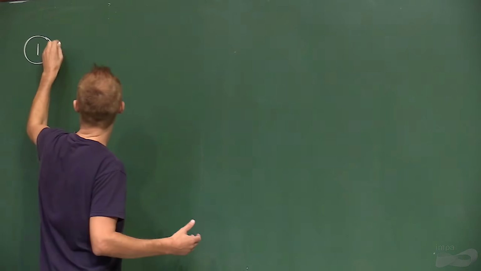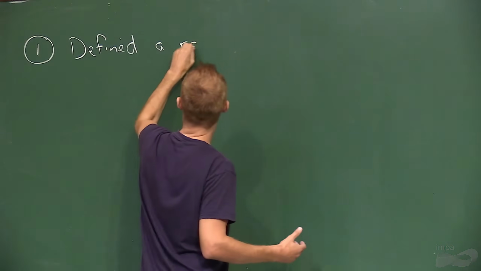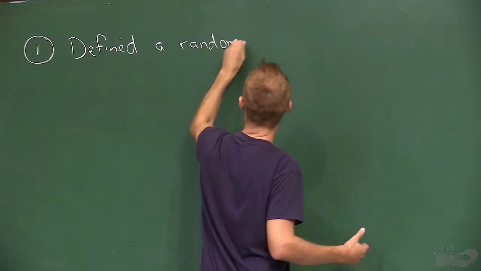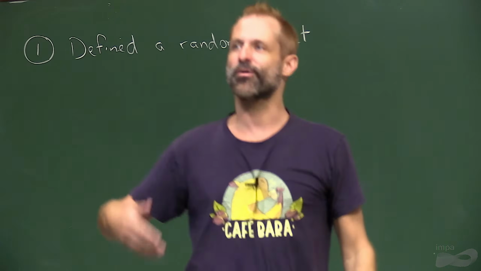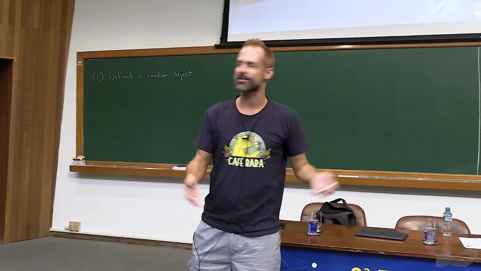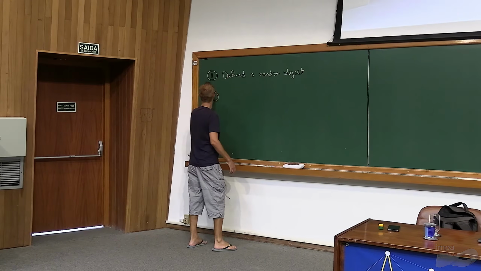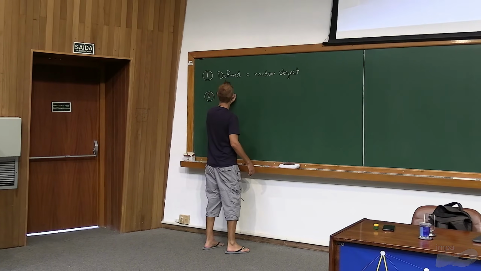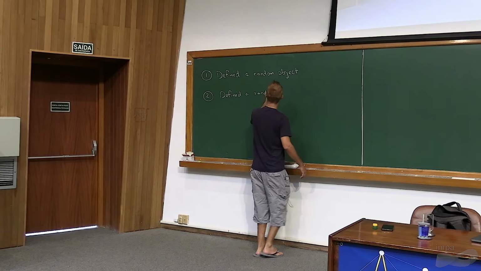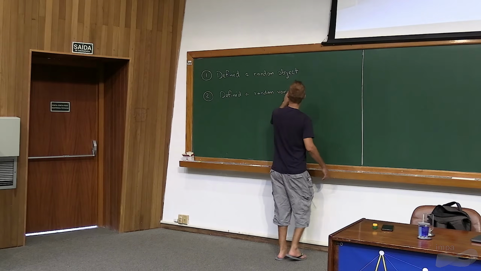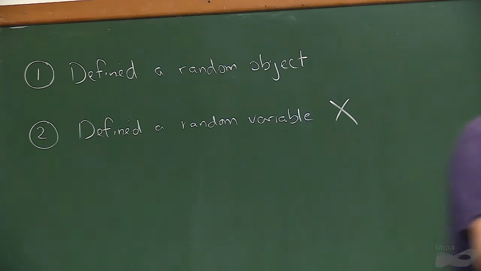First, we defined some kind of random object, like a random graph or a random coloring or a random set. And then we said, okay, let's define a random variable, x. And this random variable x always encoded the thing we cared about.